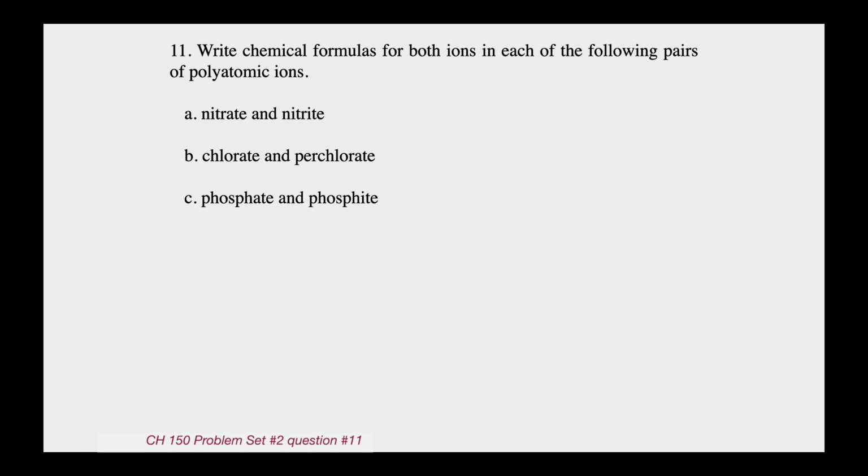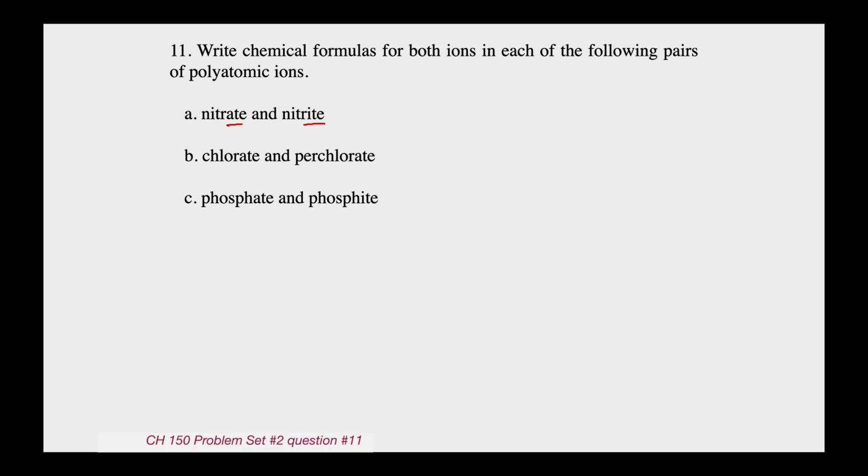A lot of times, but not all the time, they'll have an ATE or an ITE ending. So that means you've got a complex with oxygen, and you can see that in this one, it sounds kind of like nitrogen. So these are going to be nitrogen compounds with oxygen in them and some kind of overall charge. Now, by hook or by crook, you must learn what these are.